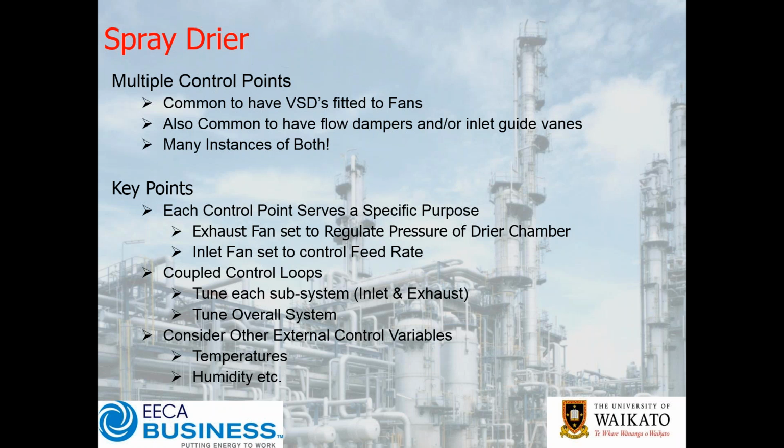So for example, your main inlet temperature and humidity outside, those of you in the food industry or even pulp and paper, any of those sectors where you're drying a product, as you go through the year, your ambient conditions outside can change dramatically, both in temperature and humidity, which is going to change the performance of your plant, which is then going to change how you run it, how you control it.